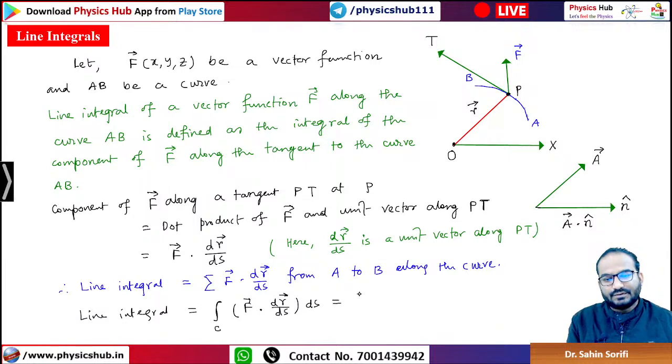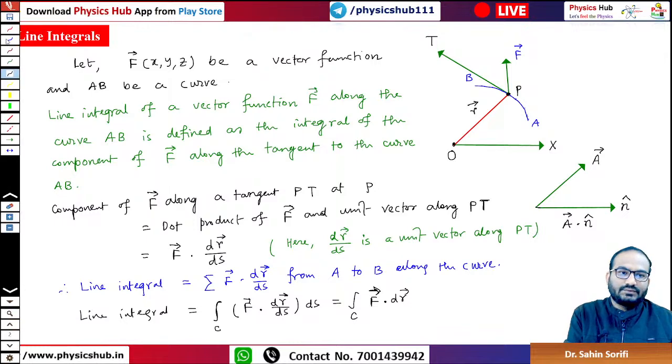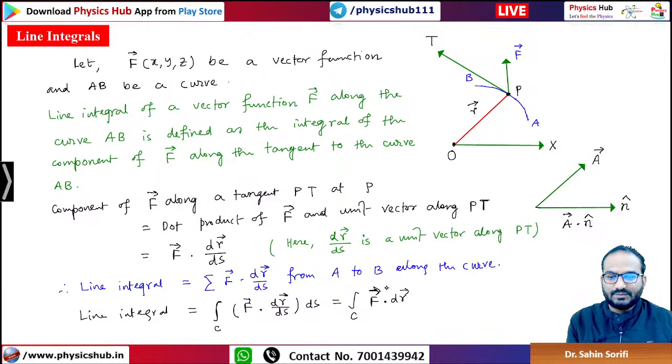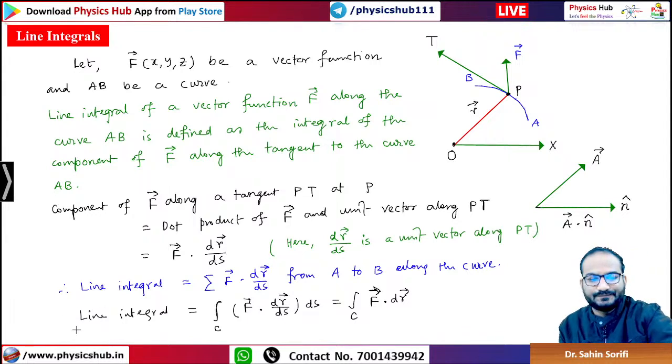That is why the ultimate formula for the line integral is written as f dot dr. So this one you have to remember. This is the theory part, but you only need to remember this: the line integral is f dot dr.